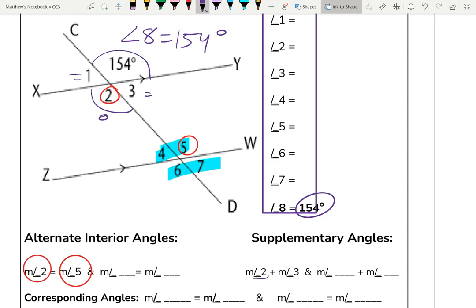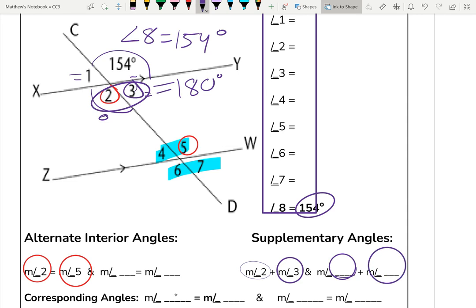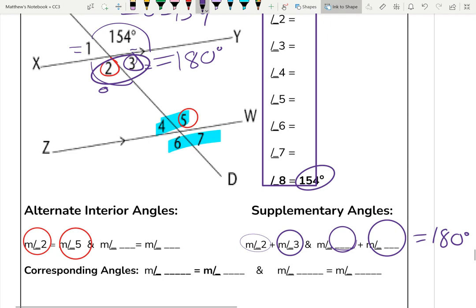And then we have supplementary angles. We have the measure of angle 2 and the measure of angle 3. They're supplementary. So these two would add up to 180 degrees. What are some other angle pairs that would add up to 180 degrees? And then corresponding angles. What are some angles that are in the same relative position?